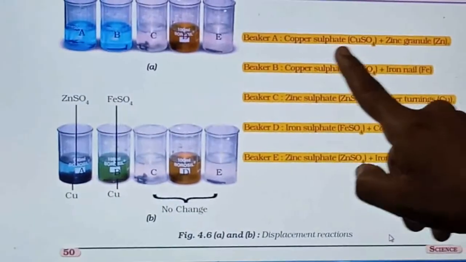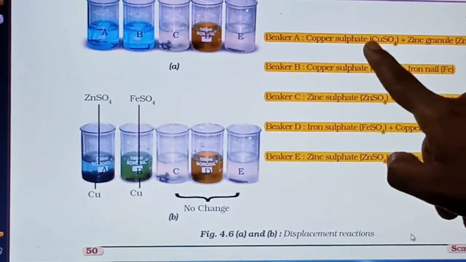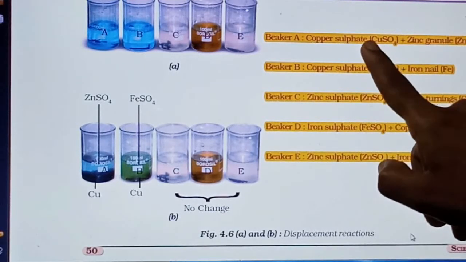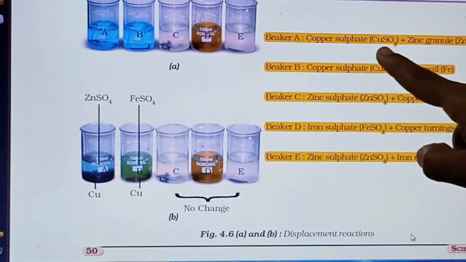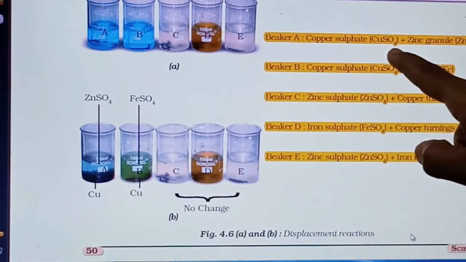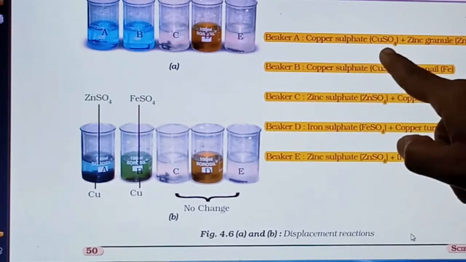The formula for copper sulfate is CuSO4. Now see carefully: C is capital, u is small, so this is copper. The sulfate formula is SO4, S capital, O capital, and 4 at the base of sulfate, right? So CuSO4 is copper sulfate.